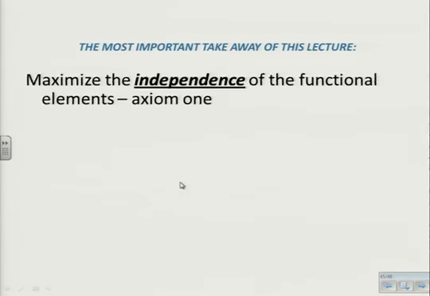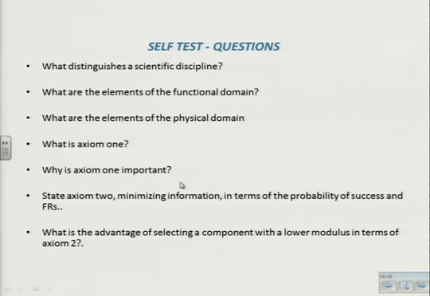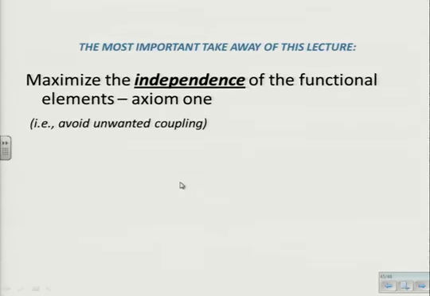All right, important things. The most important thing: there's a lot of low-hanging fruit in engineering and engineering design that can be addressed by independence. So avoid unwanted coupling. That would be the one most important takeaway.